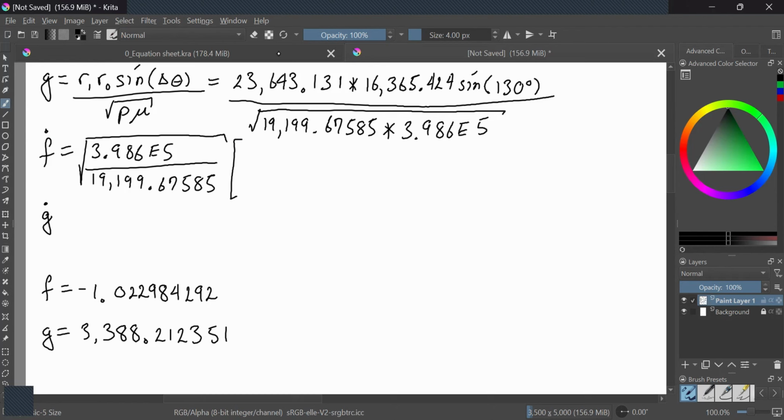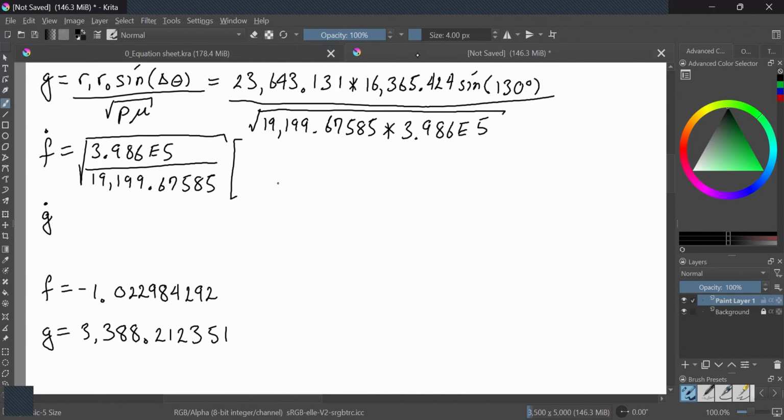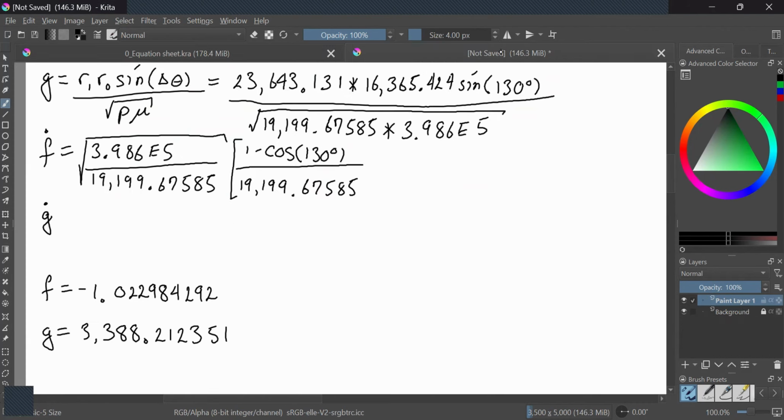That is then times 1 minus cosine of delta theta, which is 130 degrees. Again, that is going to be all over 19,199.67585 minus 1 over r minus 1 over r naught.